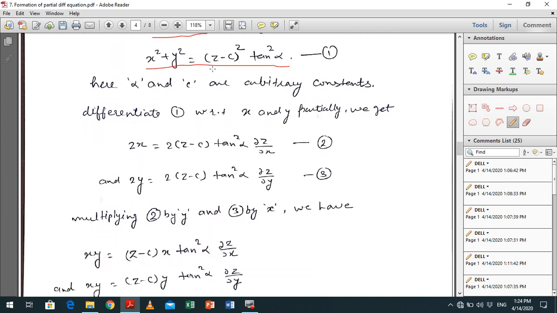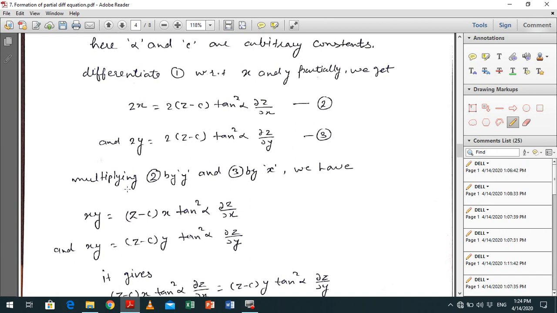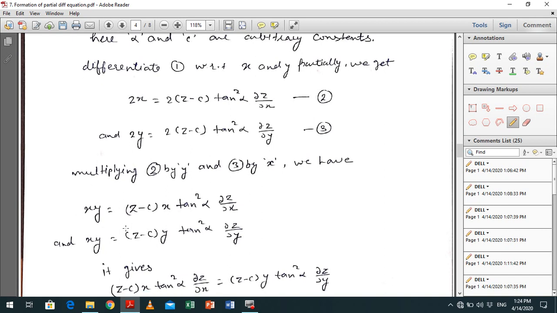Now multiply 2 by y and 3 by x. We get 2xy equals this term into y, and when we multiply 3 with x, we get 2xy equals this term multiplied by x. Here on the left hand side both parts are xy, so both are the same, so the right hand parts must be the same.